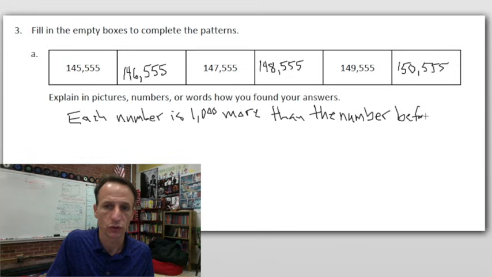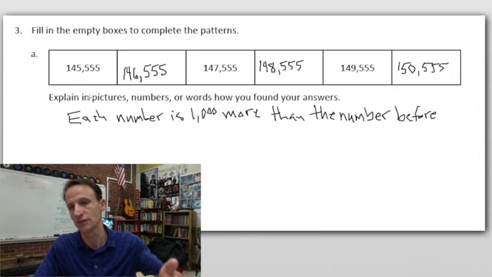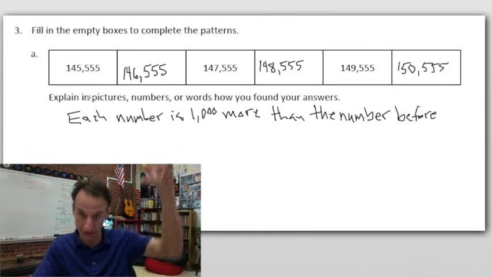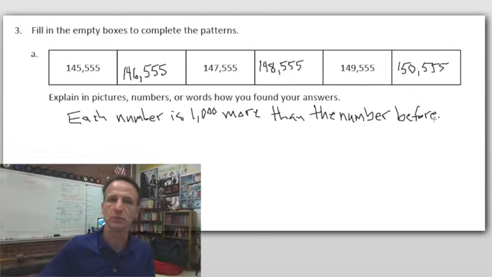And if you were doing, you could do a place value chart showing where you're adding on 1,000 each time. To do it in pictures, you could do it with numbers simply by taking each of these numbers and adding 1,000 to it. You could do a column sort of addition with this, but we'll do it in words on this one. All right, on to B and C.